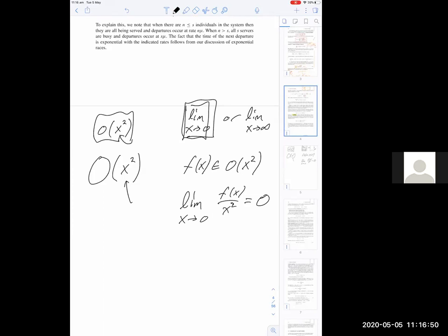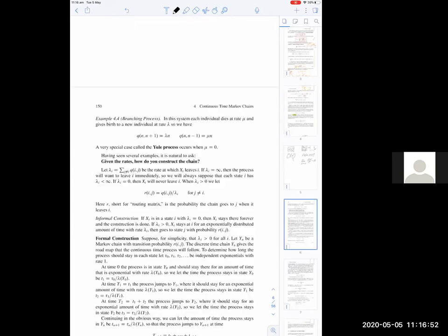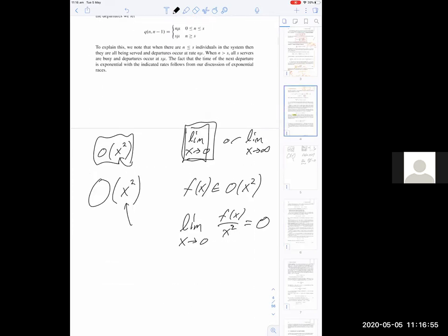So first of all, this is a set of functions, and we've agreed we're speaking about the limit x going to 0; in other contexts, such as computer science, it's x going to infinity. We're speaking here about functions such that if you divide them by x squared, that ratio goes to 0.